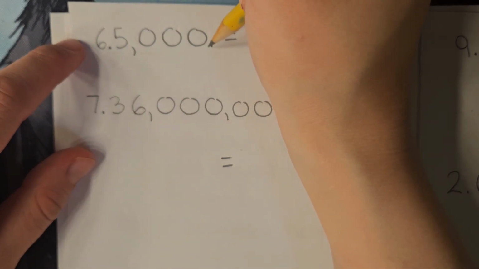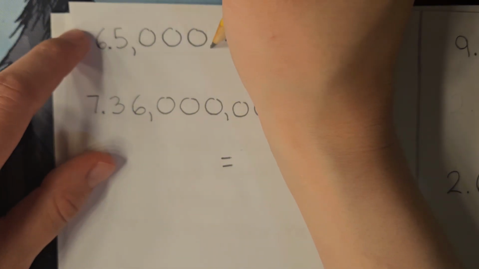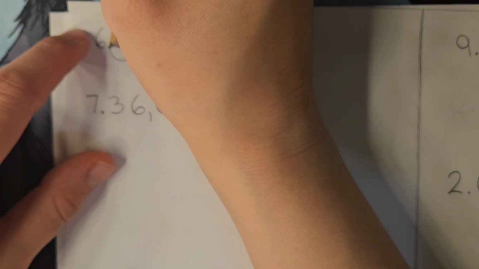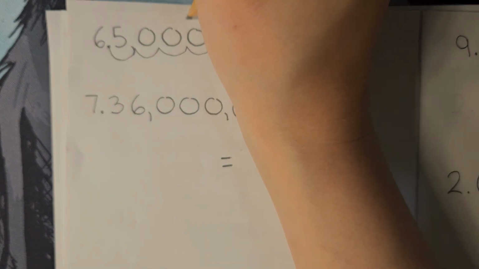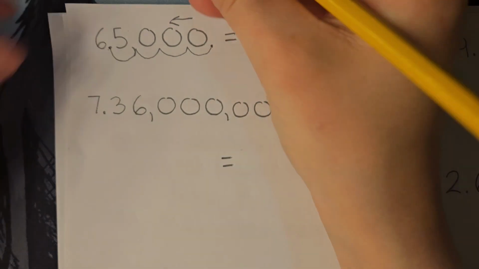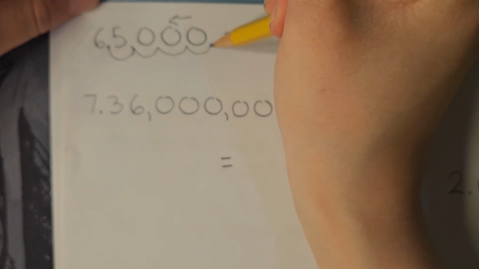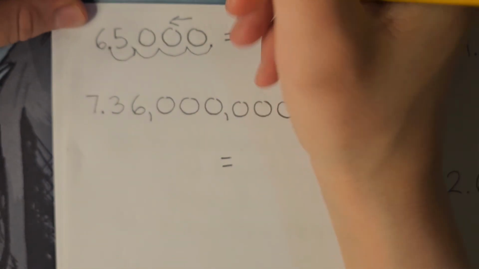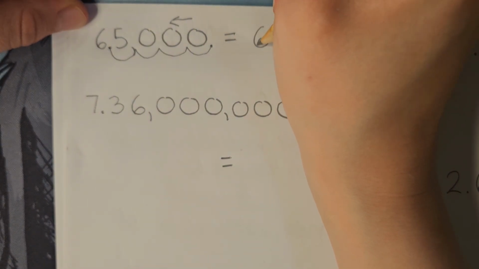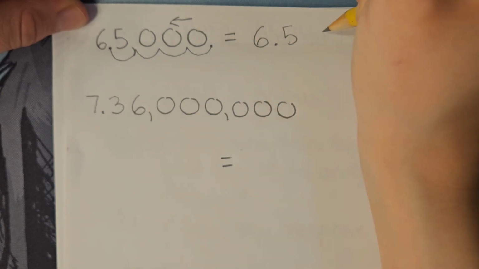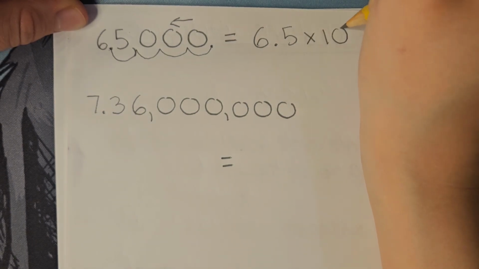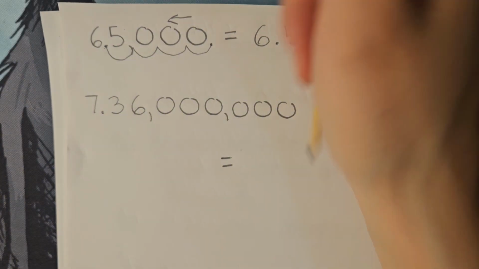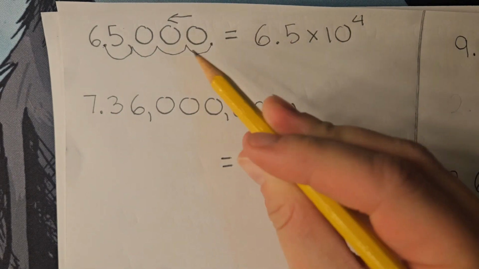I got here by moving 4 places to the left. So this in scientific notation would be 6.5 times 10 to the 4th power, because I moved 4 decimal places to the left.